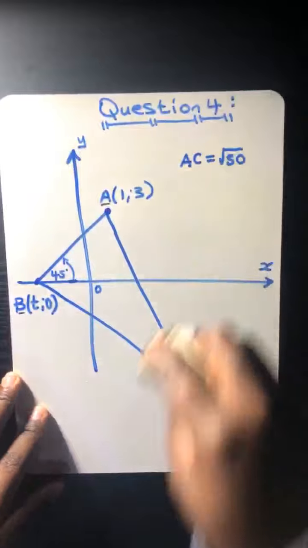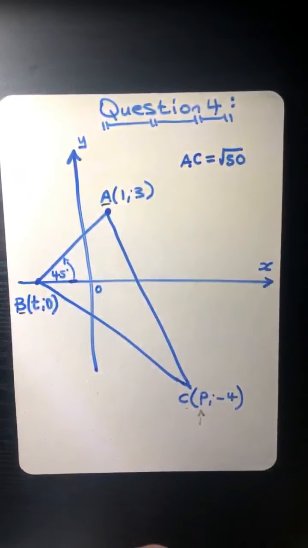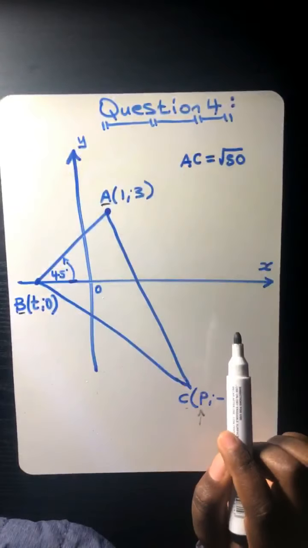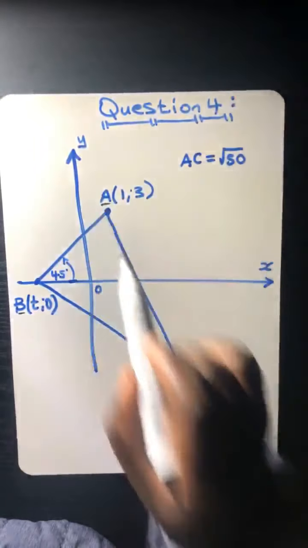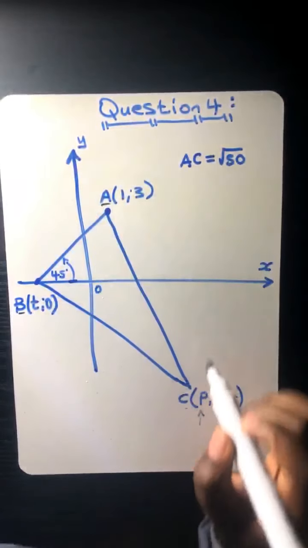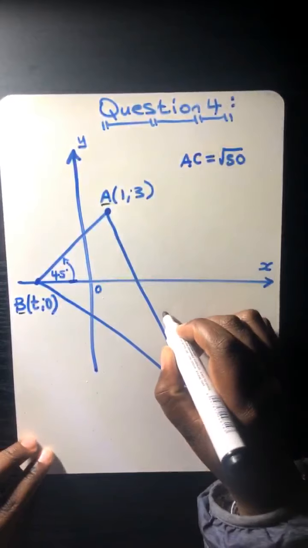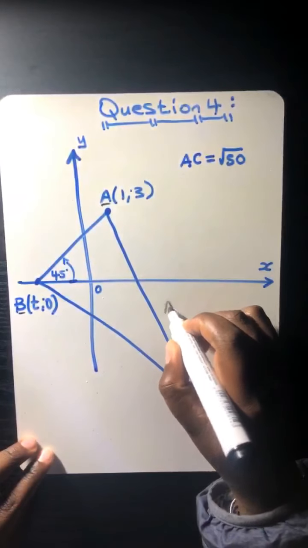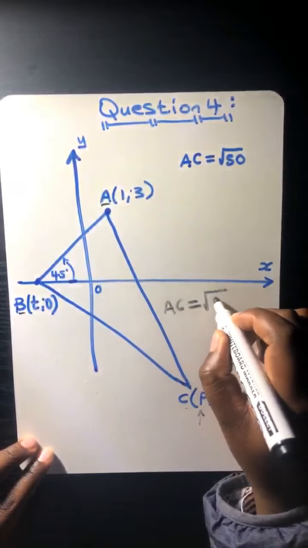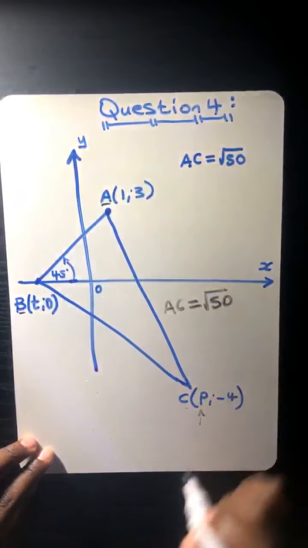So can you guys see that the given diagram doesn't have that important information which says AC is actually equal to the square root of 50. So with a different marker, let's write it there to say AC is equal to the square root of 50 units.